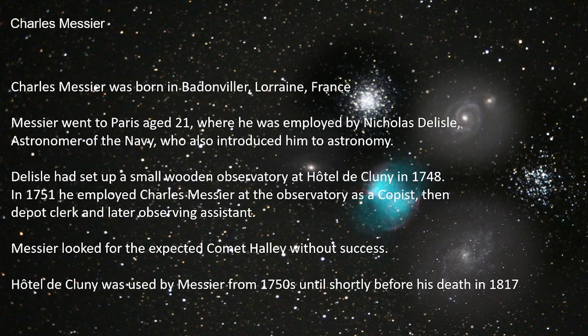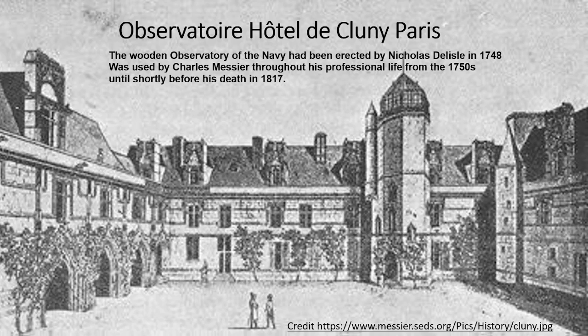And he introduced Messier to astronomy. I'm not sure if that's correct, because he was always quite interested anyway. Delisle had set up a small wooden observatory on the tower of the Hôtel de Cluny in 1748. I had been there recently, and there's no sign now, the observatory was all dismantled.